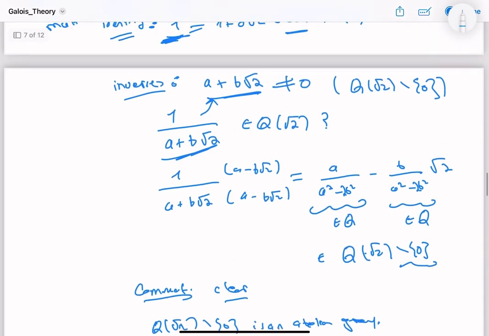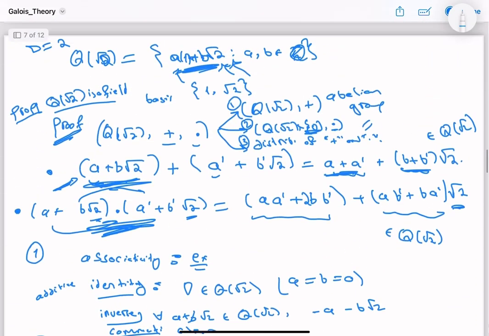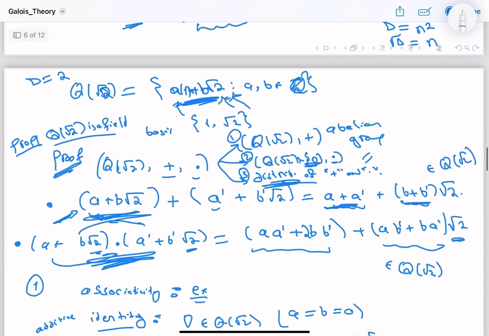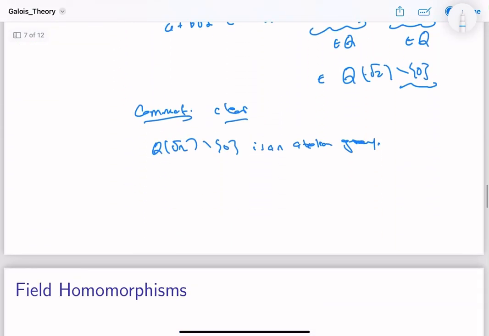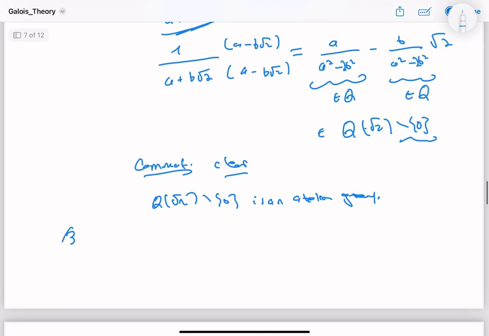All right. And for the third thing that we need to check, which is distributivity of addition and multiplication, this is an easy exercise for you. So exercise: prove distributivity of addition and multiplication.